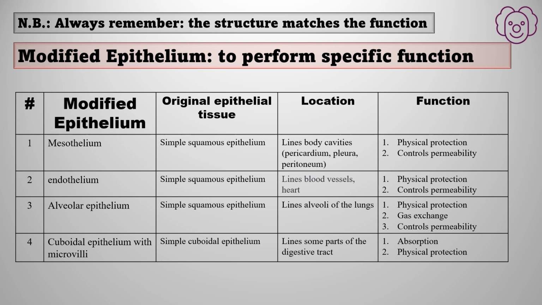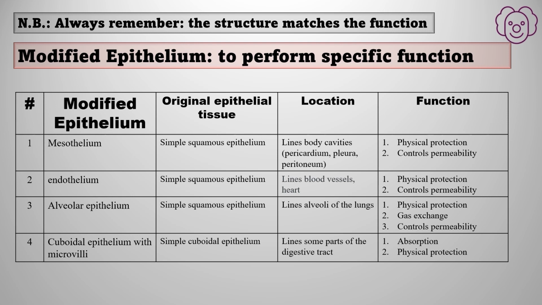It lines the body cavities like the pericardium, the pleura, the peritoneum, and so on. It is for physical protection, and it controls the permeability. So it's named the mesothelium because it's found in those places and it performs a specific function.